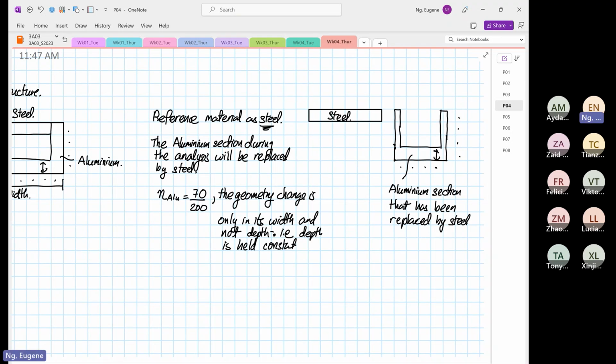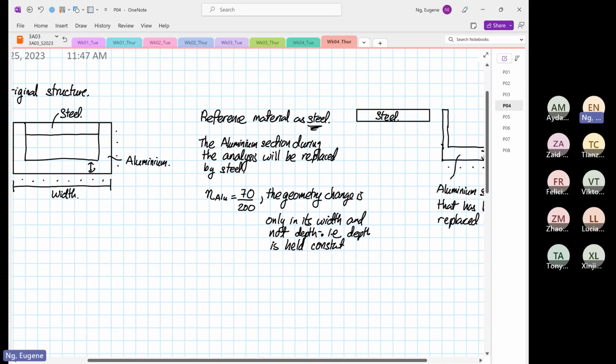Now, you all understand what I mean, yes or no? Or you are not clear? Anyone not clear about this? So as I said, we replace the aluminum with steel, and the structure cannot be enhanced. Enhanced means it cannot withstand more stress relative to the original.